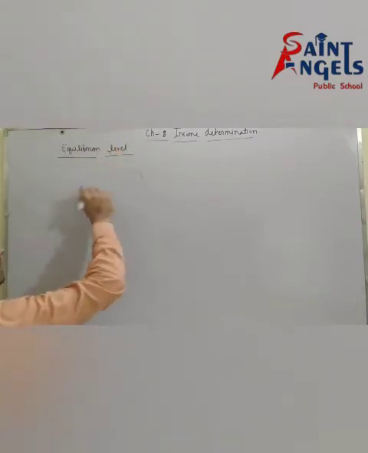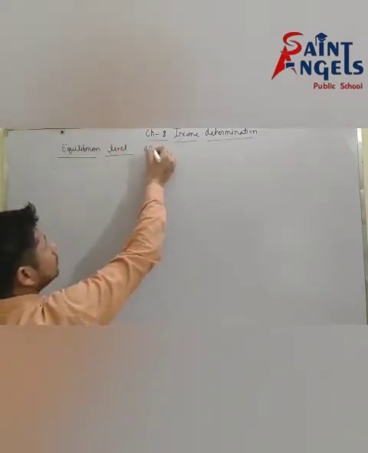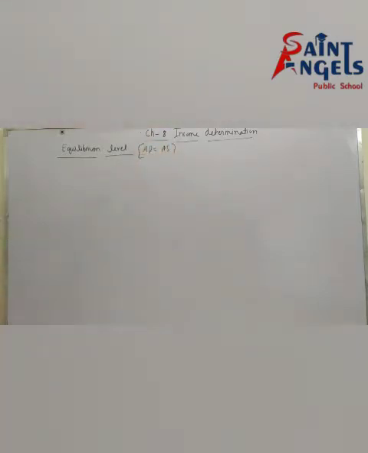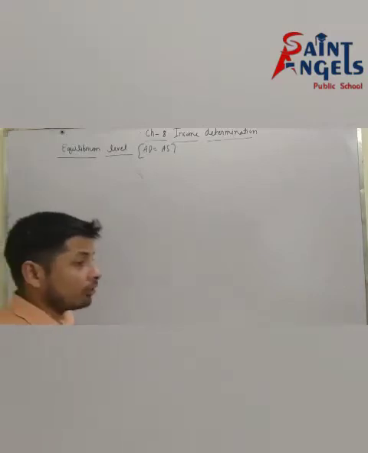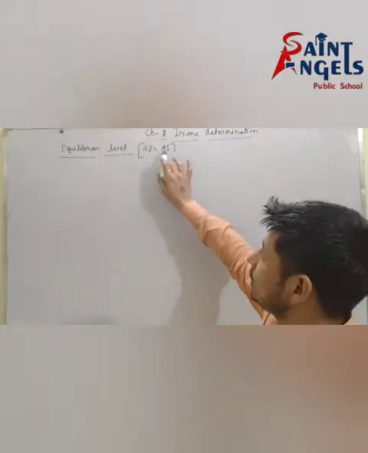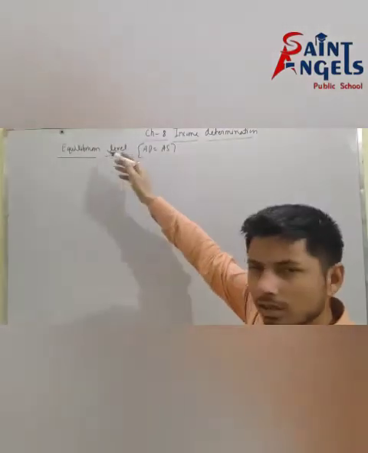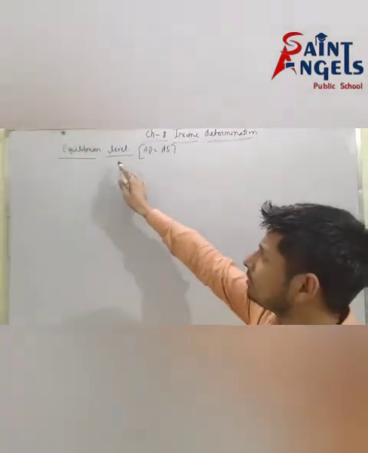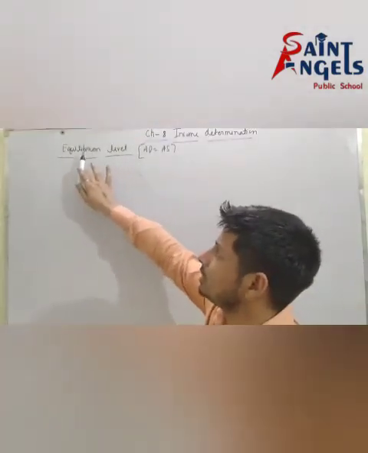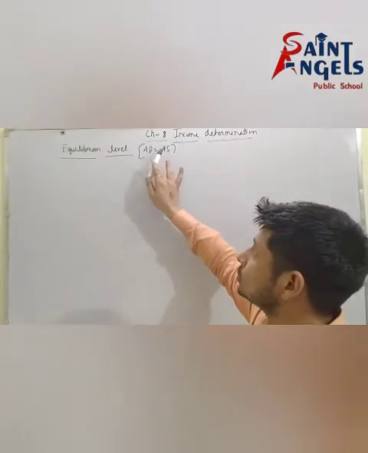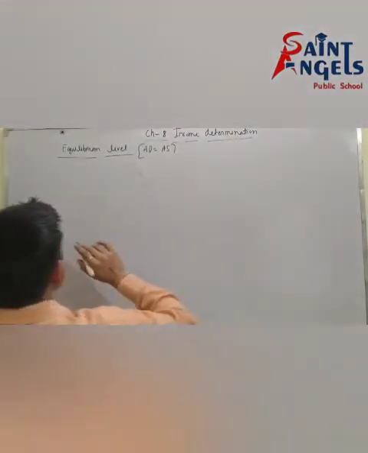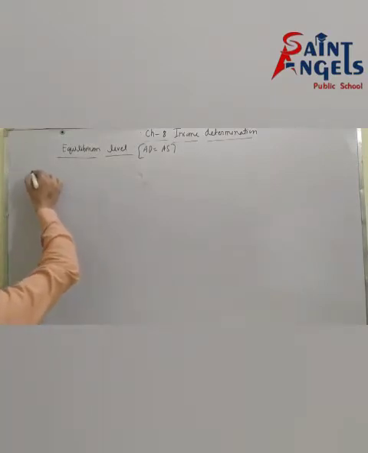All of you know that AD is equal to AS. When AD is equal to AS, the equilibrium level of income, output and employment is determined. In simple terms, equilibrium level means AD is equal to AS.